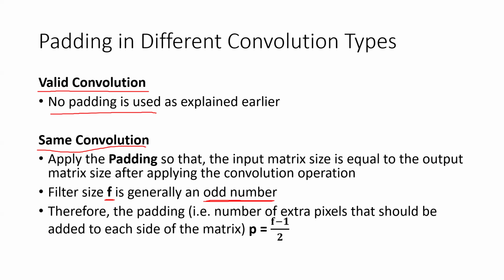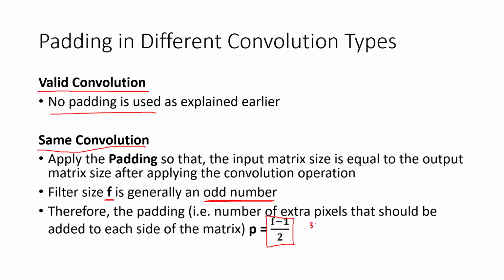So when you use odd number filters, you have to add a number of padding layers equal to f minus 1 divided by 2. If f is 3, that is a 3 by 3 filter, then 3 minus 1 is 2, divided by 2 is 1.